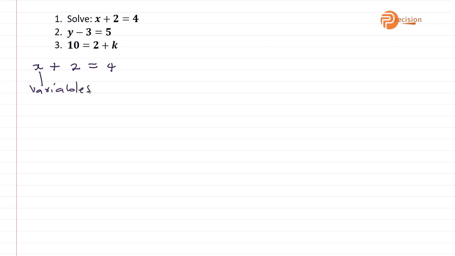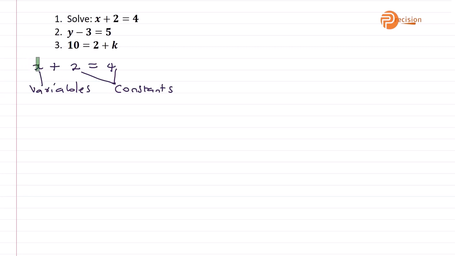Variables are usually alphabets A, B, C, X, Y, Z, and they are always what you are solving for in an equation, and you have to focus on your variable always. So this is our variable, and these other ones are constants. So the numerical values are the constants, and the alphabet is the variable.